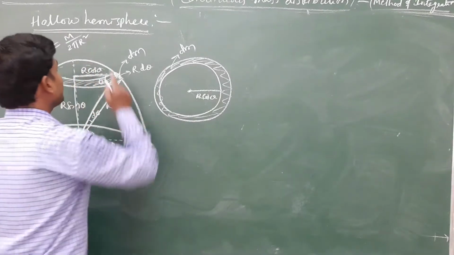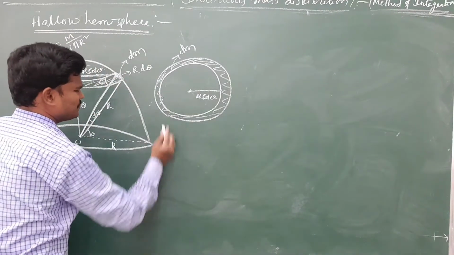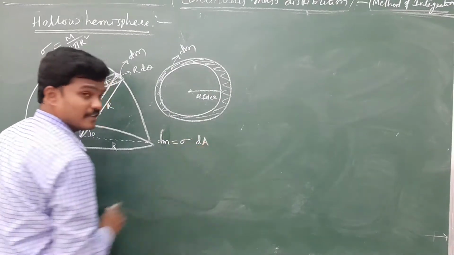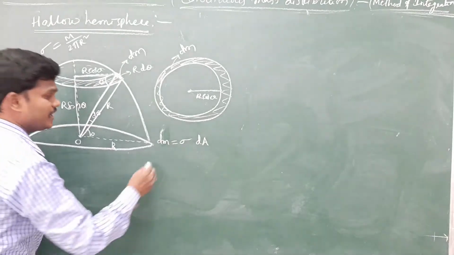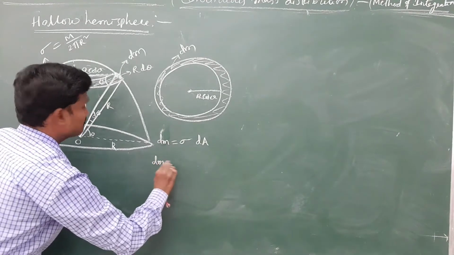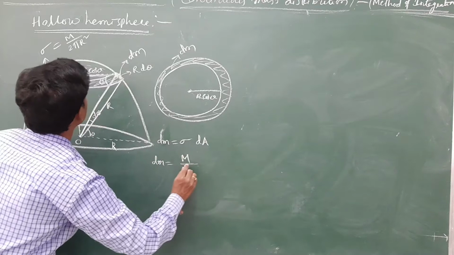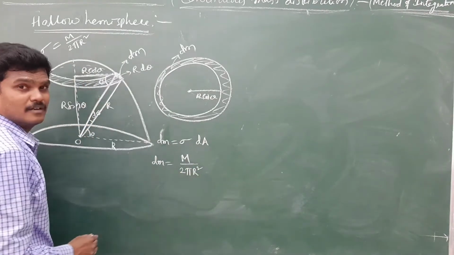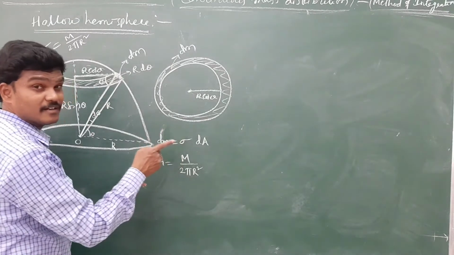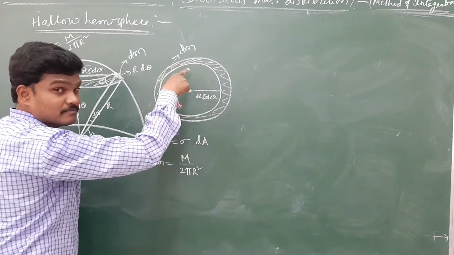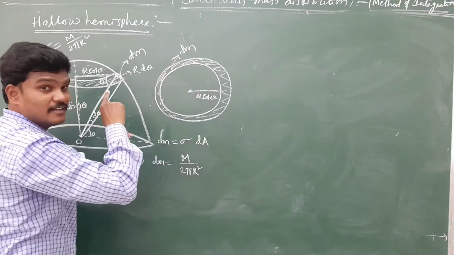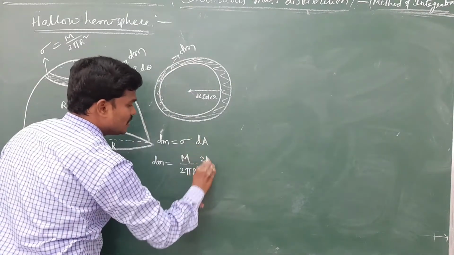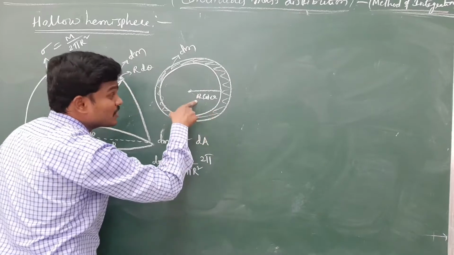Now let me write the small part. dm is equal to sigma into dA. Sigma we got as m by 2 pi r square, into dA. For dA of this one, take the length of this circle and the thickness. The length of the circle is 2 pi times its radius, which is r cos theta.